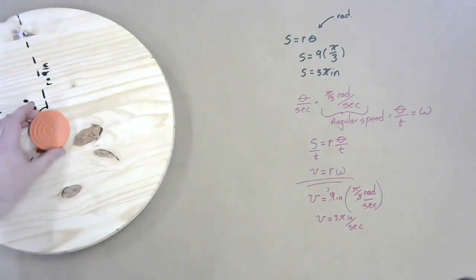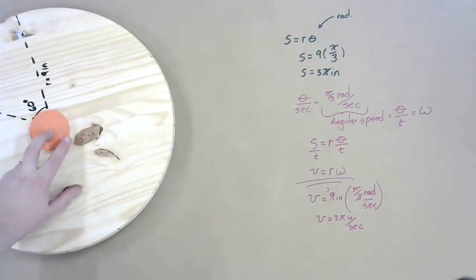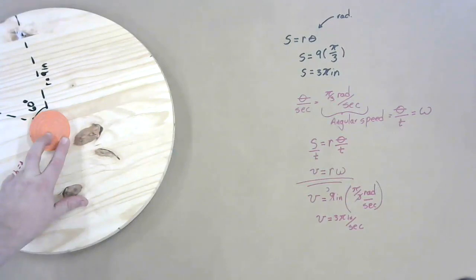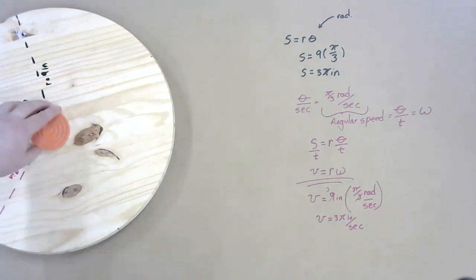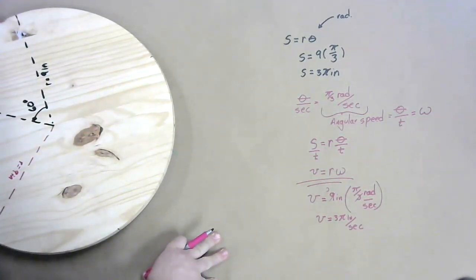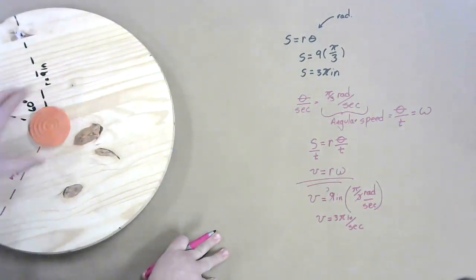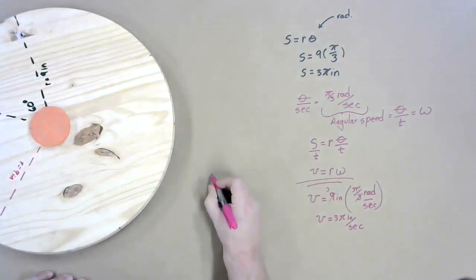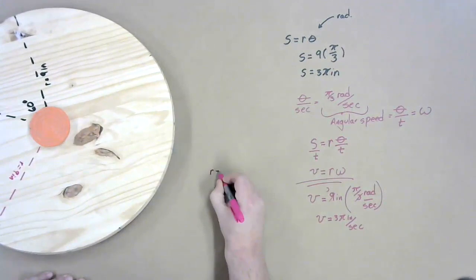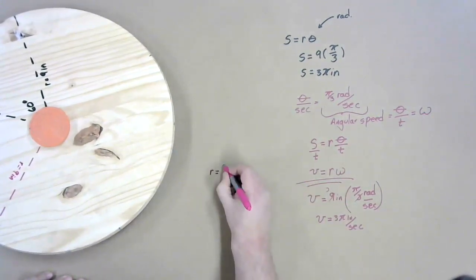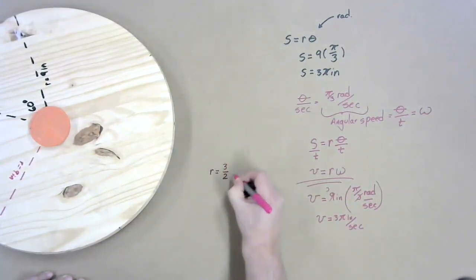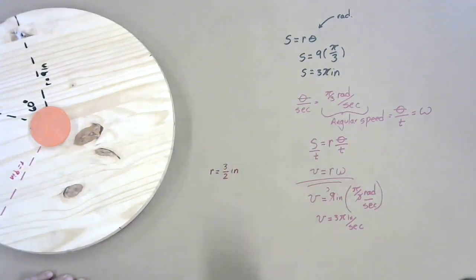That's better. So the outside of this, quite a bit smaller, the outside of that is about, measure. Yeah, that's about 1.5 inches. So the radius of the whole orange circle is about 1.5 inches. I'm going to go 3/2 inches, just for simplicity.